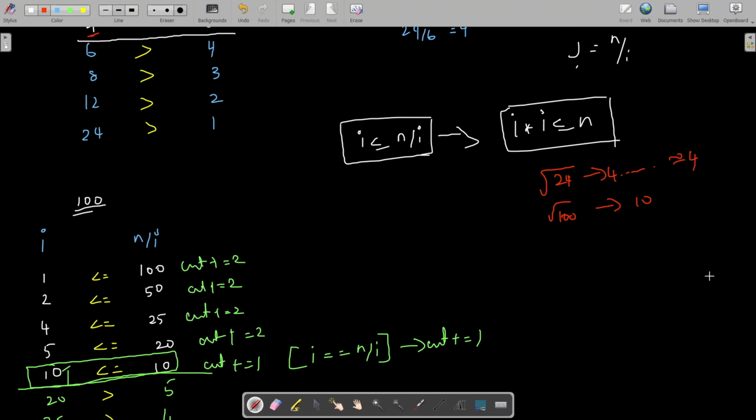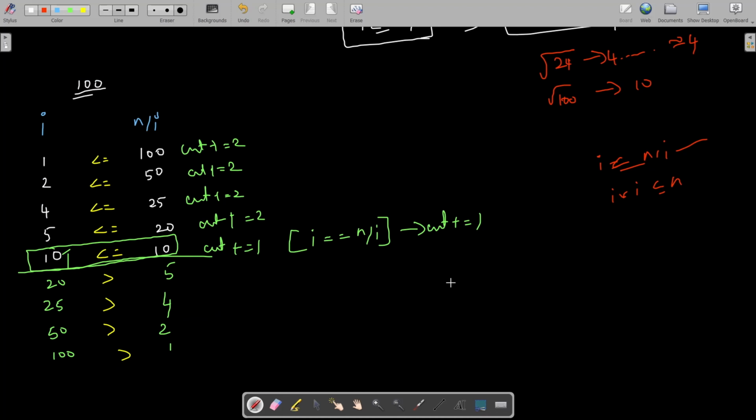So I am saying, i ≤ n/i is also true, and i * i ≤ n; both are the same. And one more thing, now see your iterations. In the previous case, our n equals 10 to the power 18, and it will take approximately 317 years.